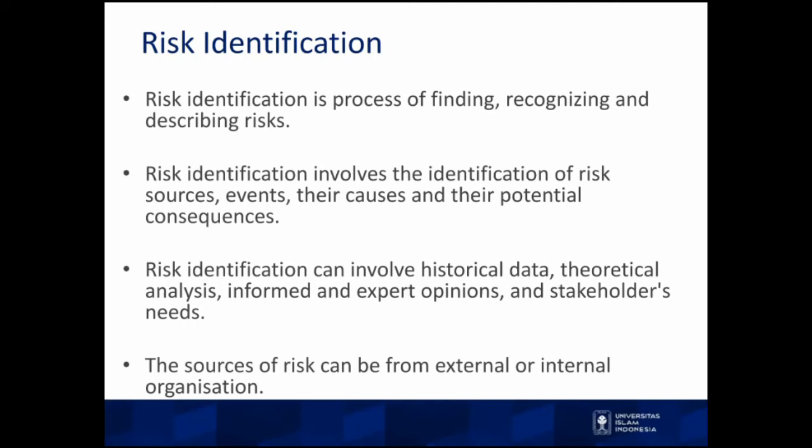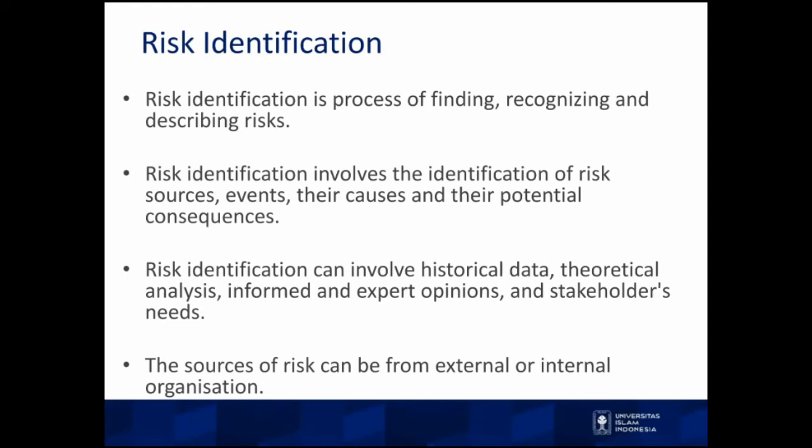So risk identification also involves the identification of risk sources, risk event, their causes, and their potential consequences. And then risk identification can also involve historical data, theoretical analysis, informed and expert opinion, as well as stakeholders' needs.